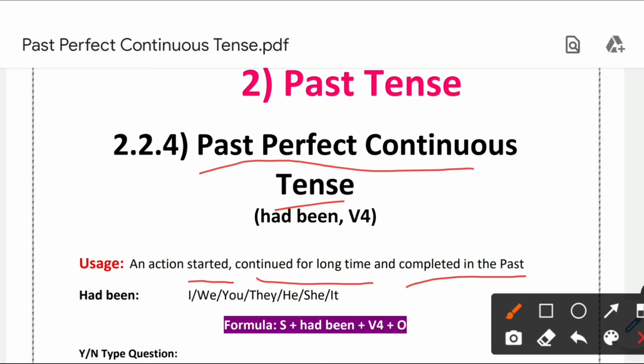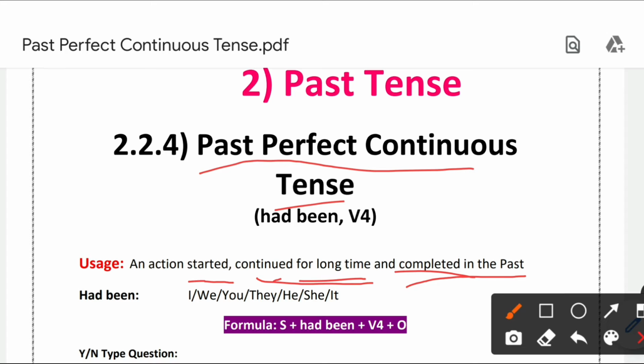Because these actions we don't do for a very short duration, right? That means the action of living starts in the past, then it continues for a long time. When we live at one place, it continues for a long time and then it completes.